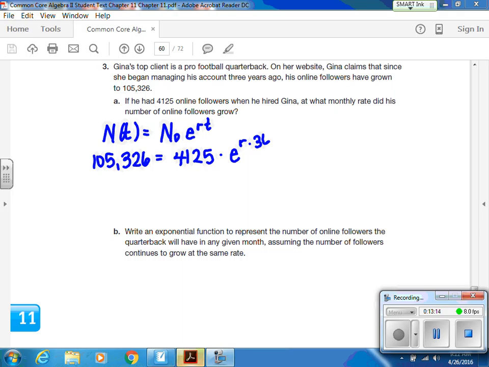Okay, so I need to solve for r, so what do I do first?